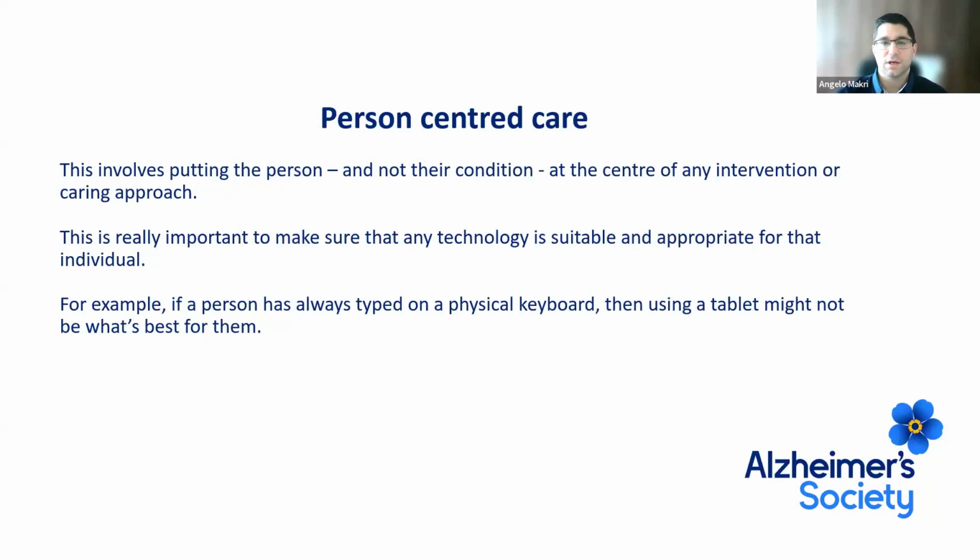At the same time, if someone has always used a physical keyboard but isn't able to anymore, maybe because of arthritis or another condition, then a keyboard on a tablet might be the best thing for them, because the layout is the same QWERTY layout. So for some people, that would be what's best for them. It really does depend on the individual. It's really important to look at the individual. Could I have the next slide, please?